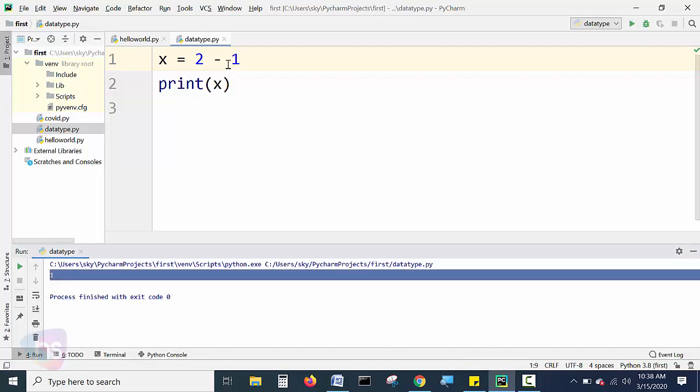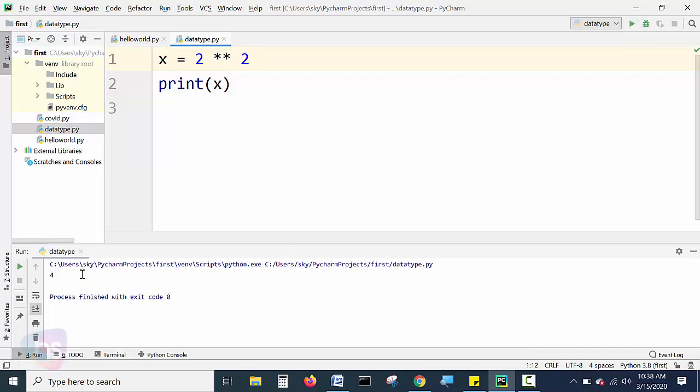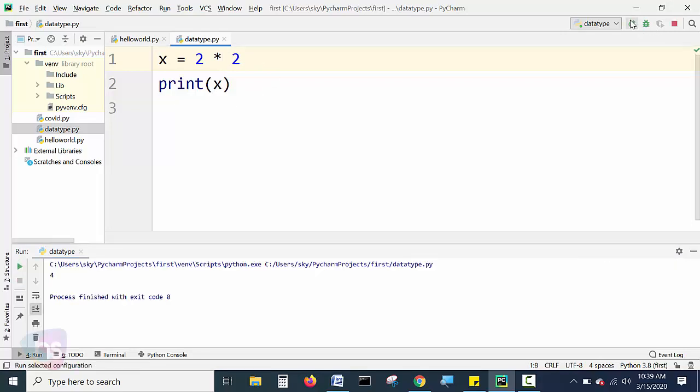If you execute one more, 2 to the power of 2, you know the value is 4. That is pretty easy. 2 power 2 is the same as 2 squared, as well as 2 into 2.